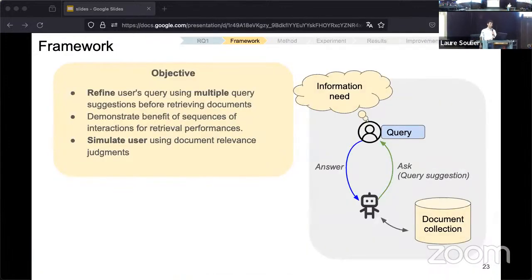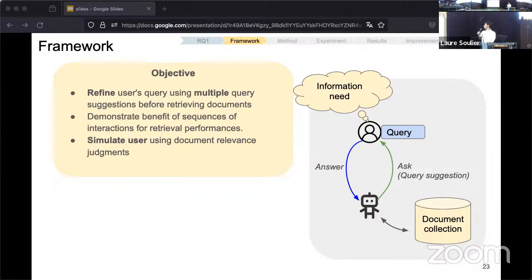In the first work, the objective is to refine the user query using multiple query suggestions. We have a system that interacts with the user multiple times, and in the end, after T interactions, we want to retrieve more relevant documents. We want to demonstrate that increasing the number of interactions with the user is beneficial.